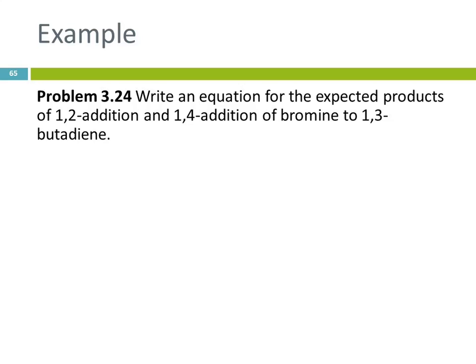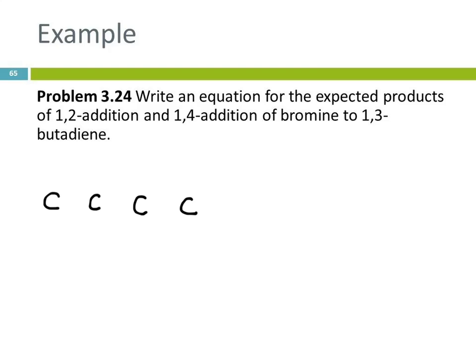Write an equation for the expected products of 1,2 addition and 1,4 addition of bromine to 1,3-butadiene. Well, we need to start out with 1,3-butadiene. We need the structure for that. So that comes from butane, which has how many carbons? 4. So we're going to have 4 carbons.